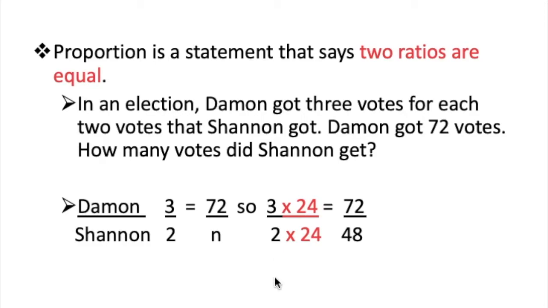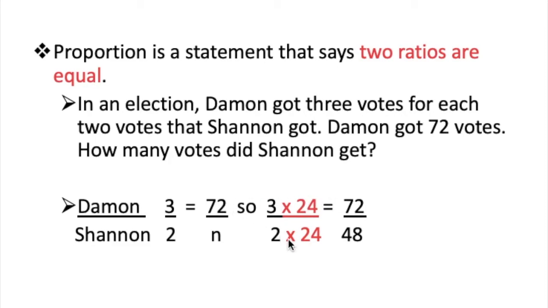The way to solve it is you think of what number you multiply this one by to get to 72. It is 24. So whatever you do in maths terms on one at the top, you also do at the bottom. Multiplying 3 by 24, you get 72. That's how they got there.